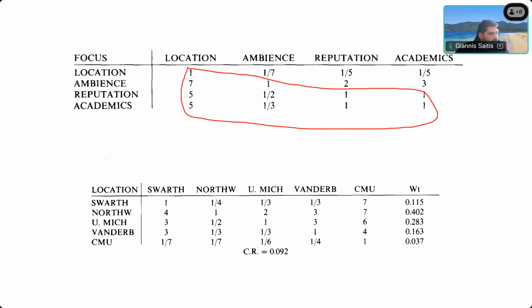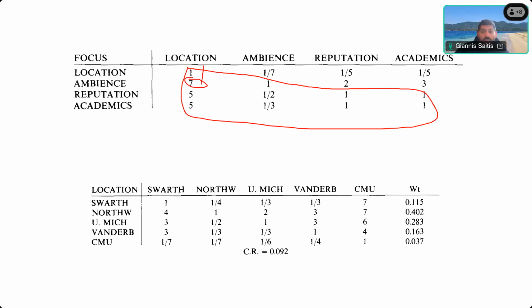For example, you have here the ambience, which is to the location 7. So the location to the ambience cannot have a different number, but just the opposite.